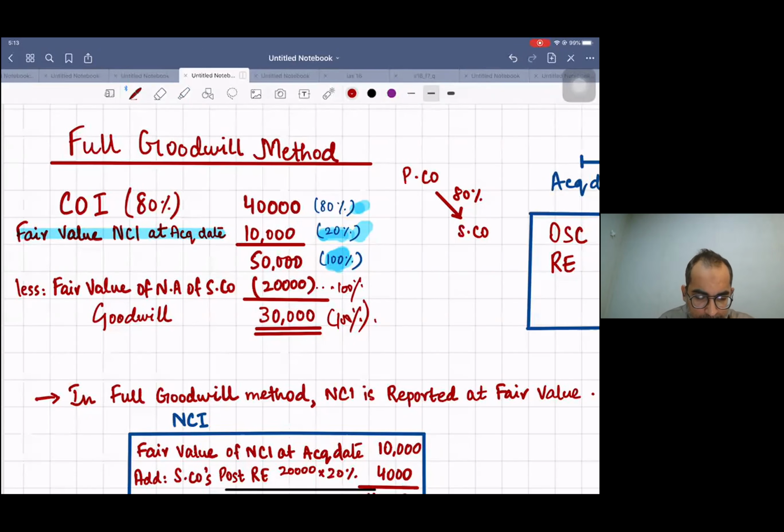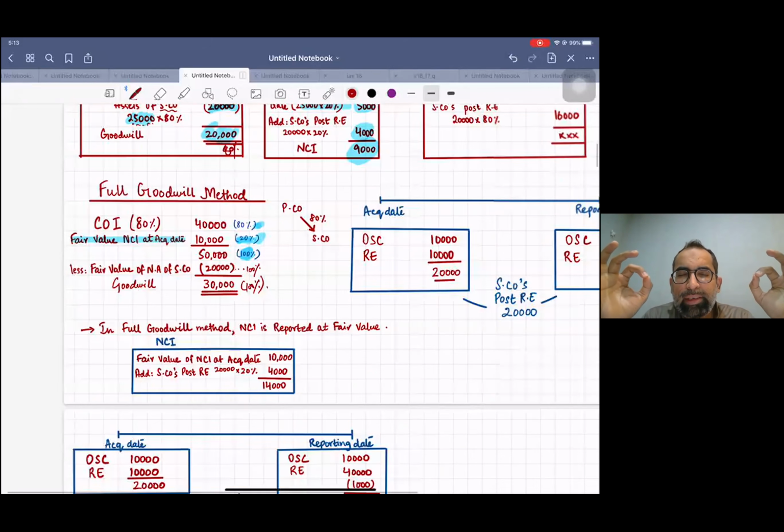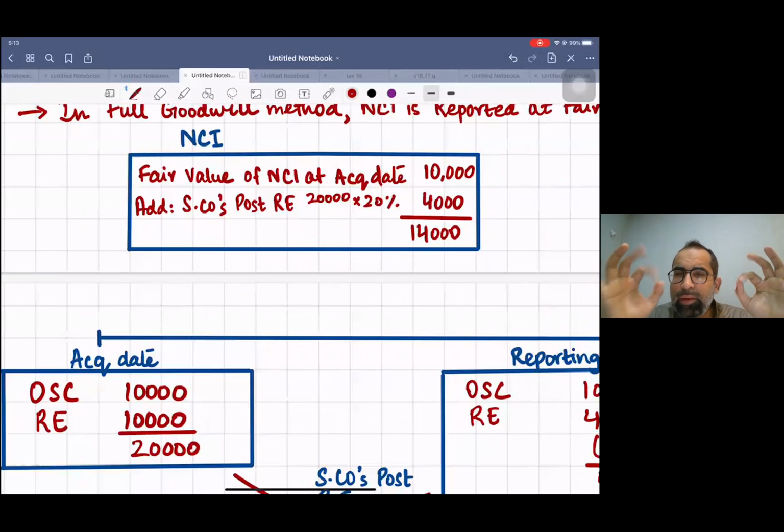And there is one more difference, and that is NCI. Listen to my lines very carefully. In full goodwill method, NCI is reported at fair value. And this fair value is already given in the question, and you have already used it in goodwill calculation.